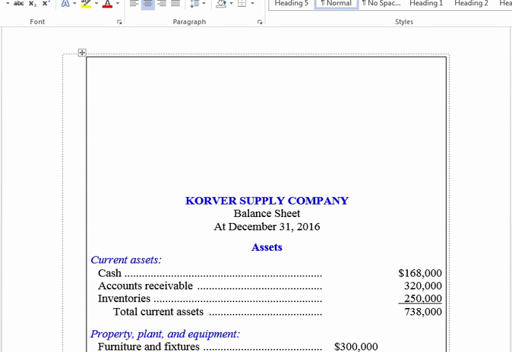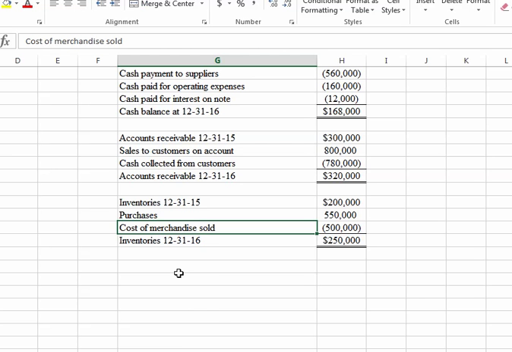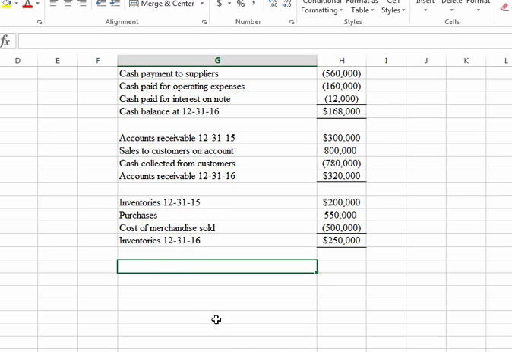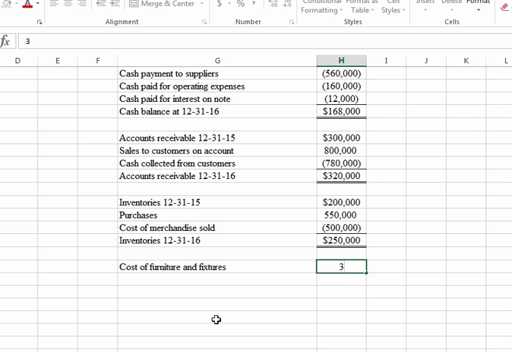And let's see if we can figure out the accumulated depreciation. Well, depreciation for 2016 is $20,000. Let's look at furniture and fixtures. The net amount was $150,000 last year. We know the cost though hasn't changed. Cost was $300,000. So let's go over here. Cost of furniture and fixtures is $300,000.